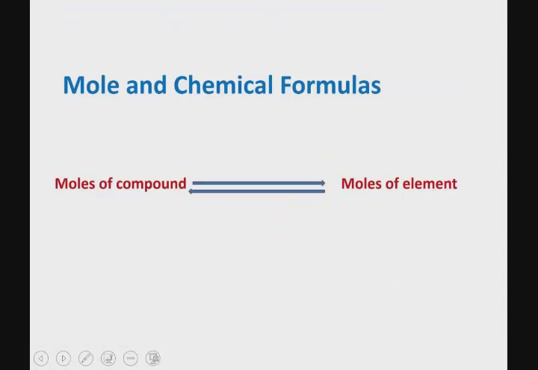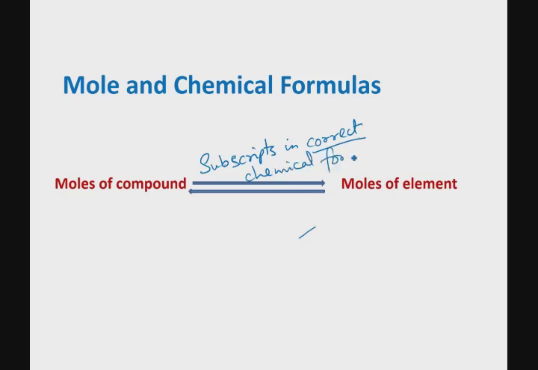Okay, so as a review, once again, any conversion that requires you to go between moles of a compound and moles of element in the compound, or in the reverse direction, we need to know the subscripts in the correct chemical formula. I mean, obviously it has to be correct, but you need to know that, because the subscripts in the chemical formula give us the molar ratio of these two units.